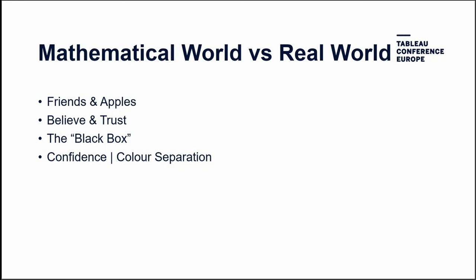So then, some words on mathematical world versus real world. I think this was a very crucial part in the dashboard. We wanted to combine the real world, which is in our case a data input, a data set. Mathematical world is the machine learning. People don't really understand it. They cannot grasp it. They don't trust it.